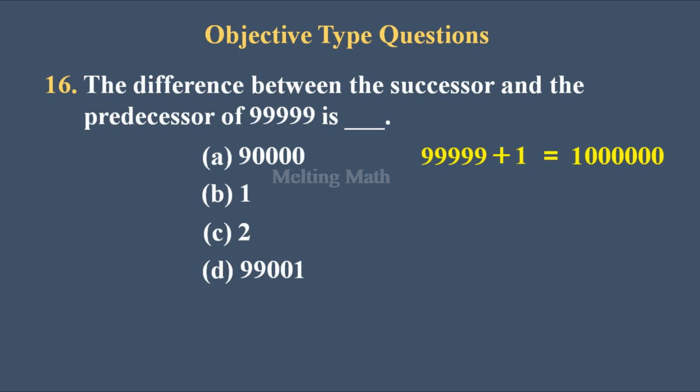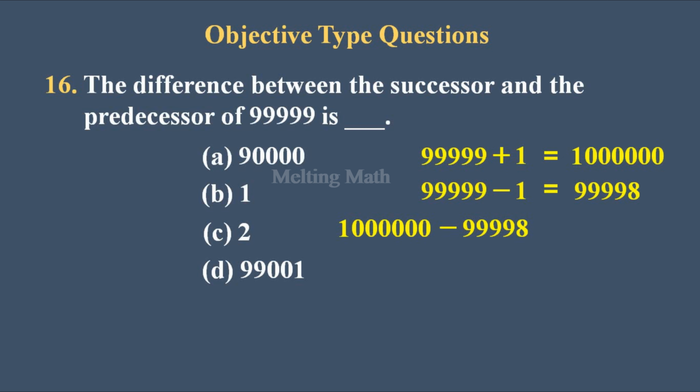The predecessor of 9,99,999 is 9,99,998. So 10 lakh minus 9,99,998 is equal to 2. Here 2 is in option C, so option C is the correct answer.